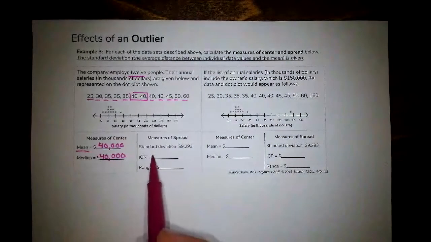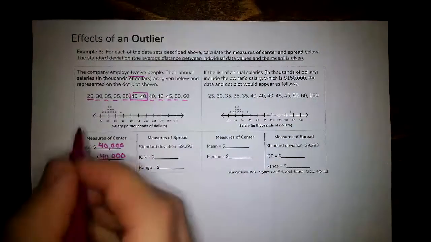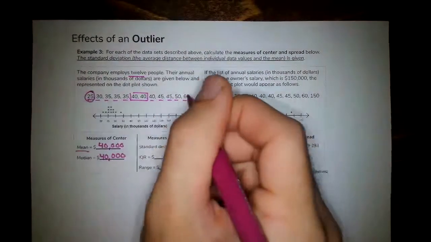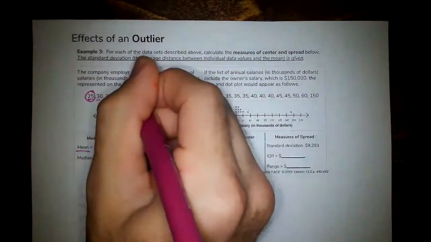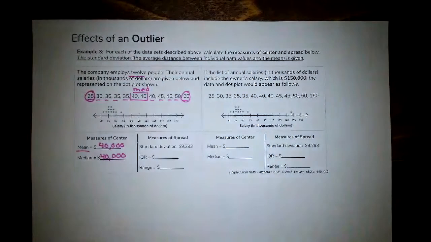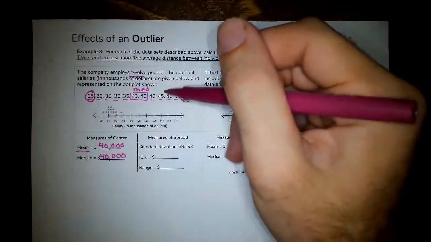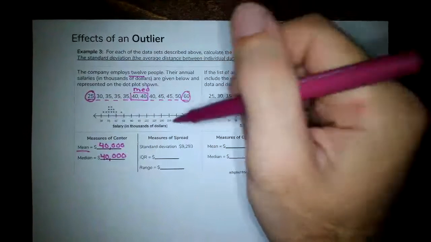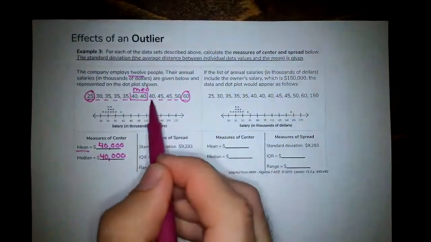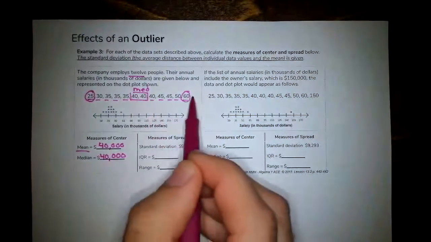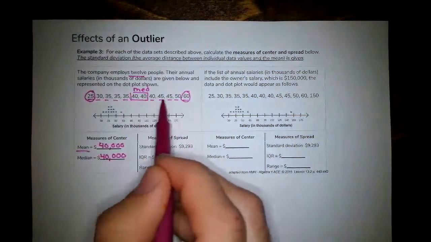Now, IQR is going to be a little bit harder. We have to look at this and sort of make a box plot. We know that this is our min and that's our max. We already found our median. Now we need to find the numbers that are right in the middle of the upper half and the lower half. So if we look at your median and your max, you have 4 numbers, right?